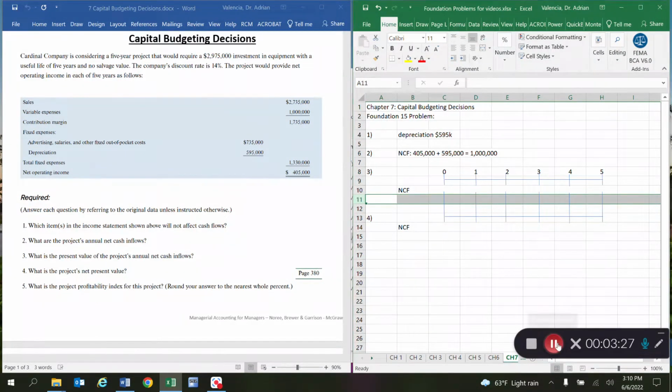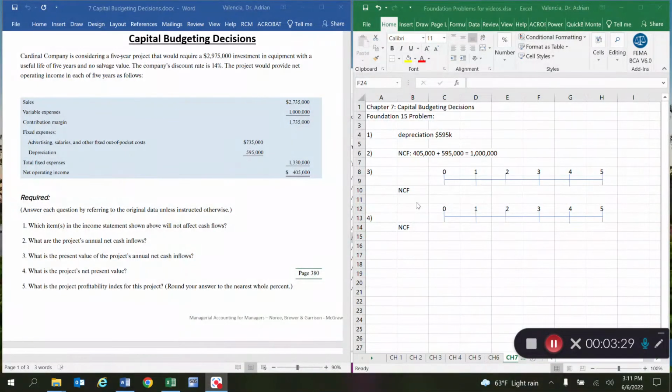One second. Okay, there we go. So what we have here is that every year we are going to have $1 million of net cash flows. Okay, so in a timeline we can put it as such because the project is over 5 years.